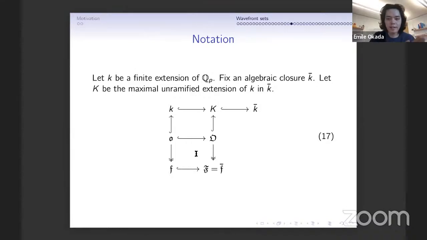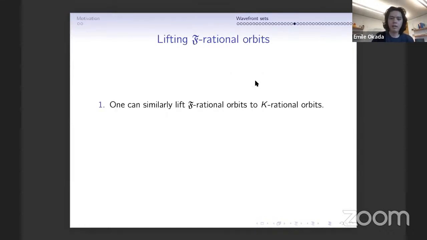Okay, so this defines a lifting procedure for orbits from the residue field of the p-adic field. Like I mentioned, the wavefront sets we're interested in are defined over the algebraic closure. And so we want a lifting procedure from here to here. You can do this exactly analogously, and I do this in my 2021 preprint on the arXiv.